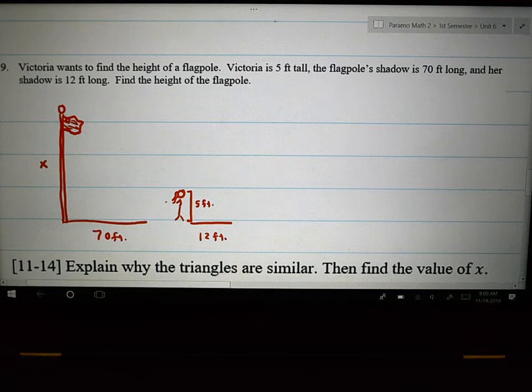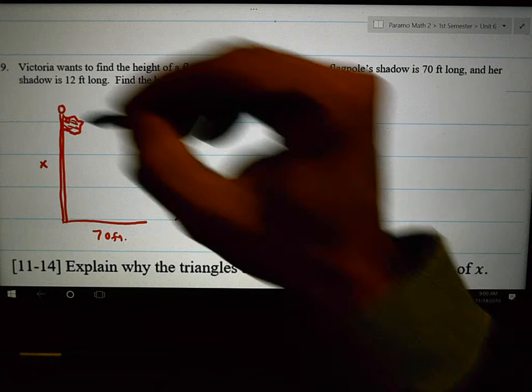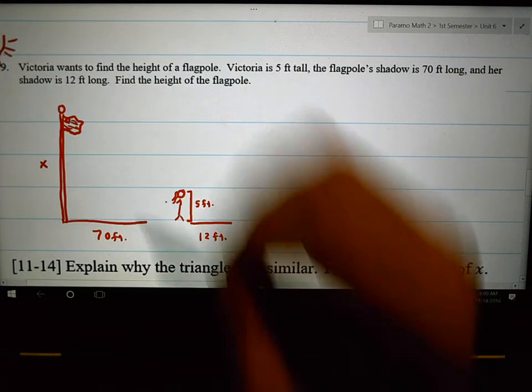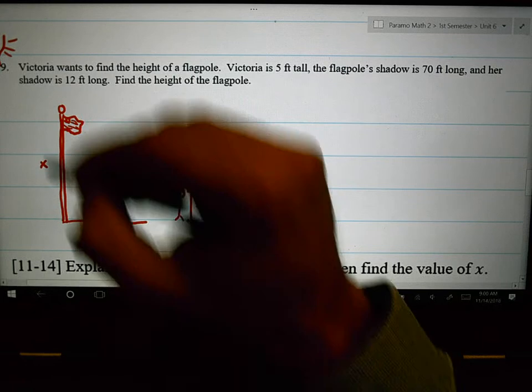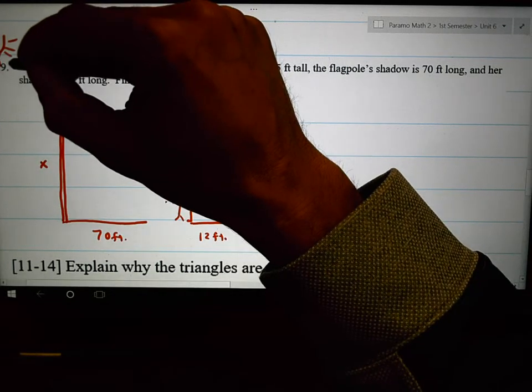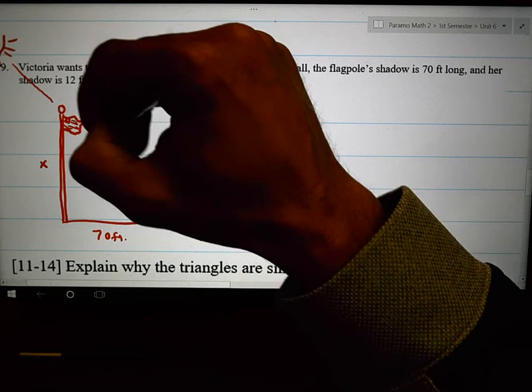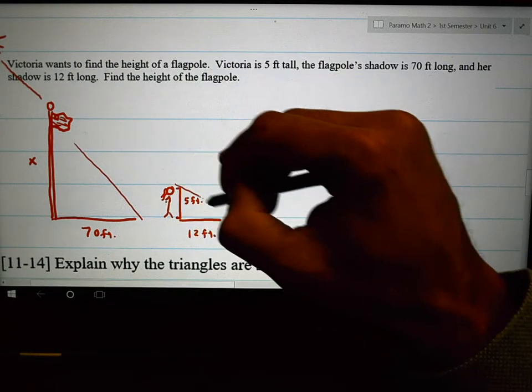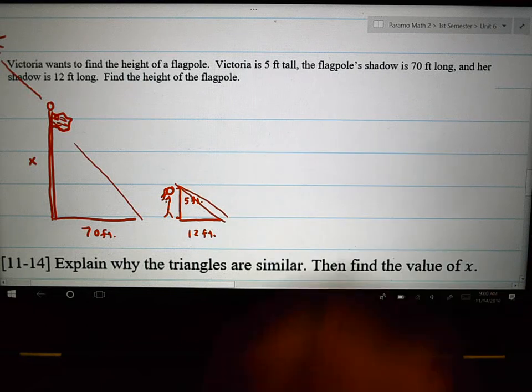Now, you may be wondering, what the heck is this all about? The sun's over here. It's a beautiful sunny day because there's shadows on the ground. If you think about the sun being way far away, the sun's rays are going to hit that same exact angle.